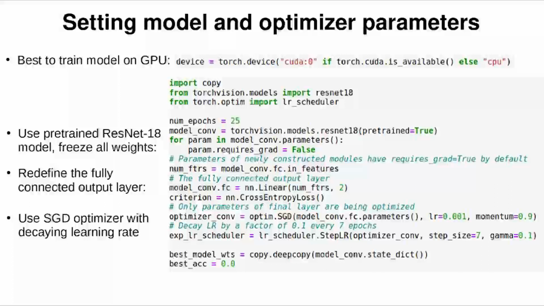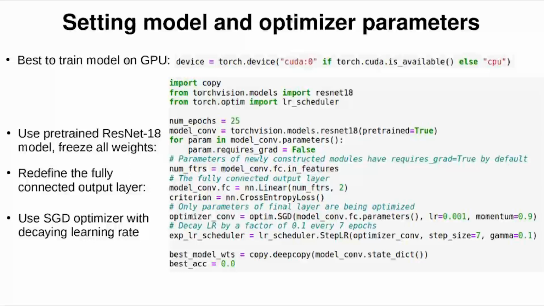For our model, we start with a pre-trained ResNet 18, a smaller version of the ResNet architecture than ResNet 50, one of the CNNs that we used in the previous lesson. We iterate over all parameters for this model and freeze them by setting the requires_grad attribute for each of the parameters to false.